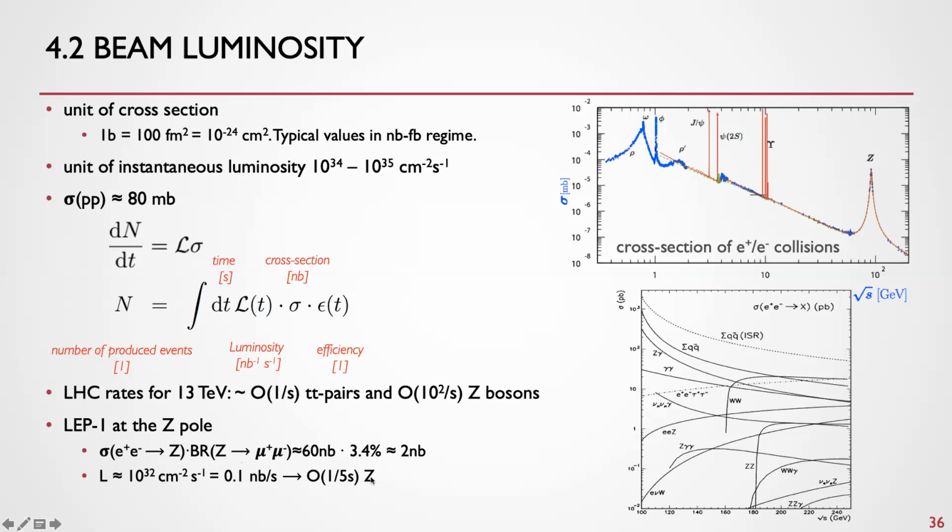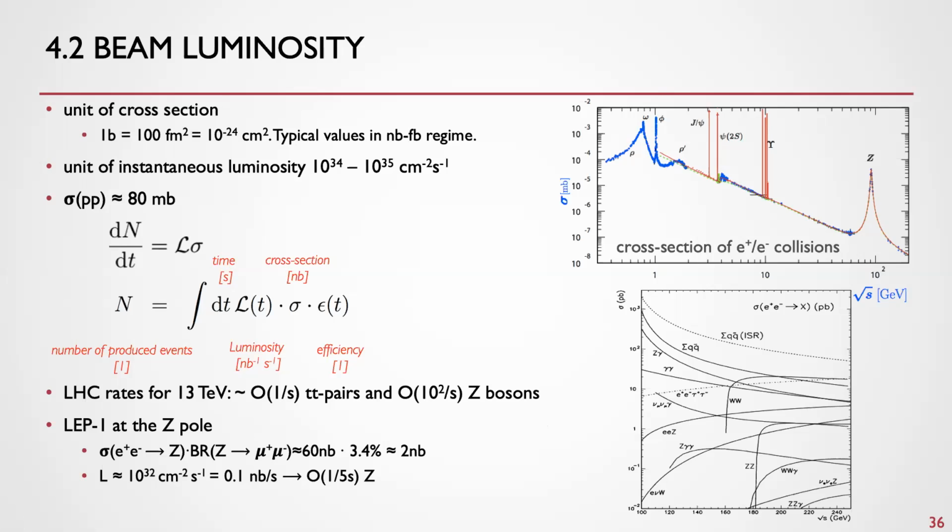Now, as we said before, at the hadron collider, the LHC, we record Z bosons at 200 hertz. That is a whole different game. So that's why we say a hadron machine is a discovery machine.